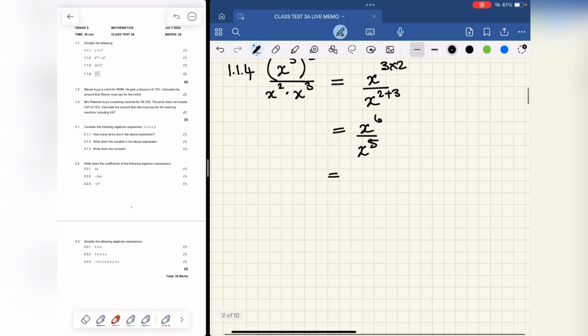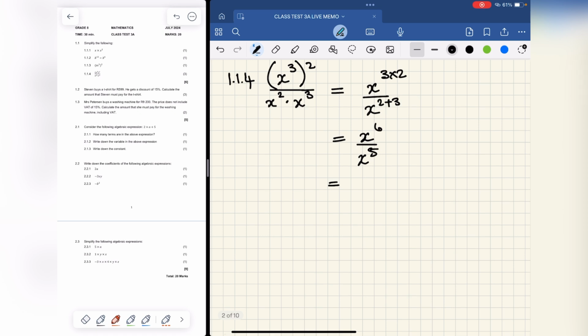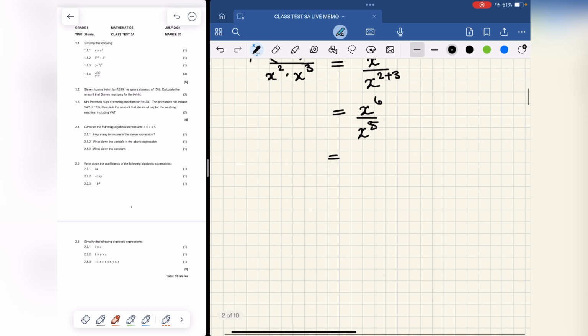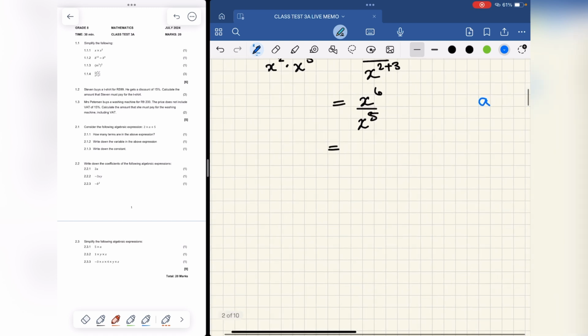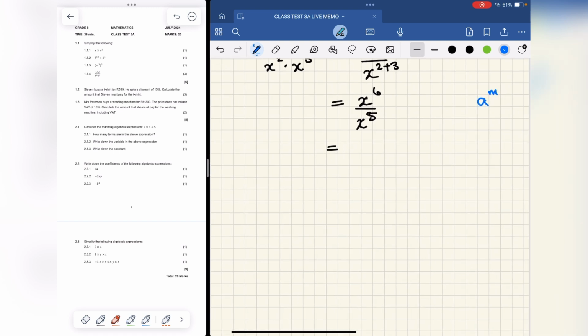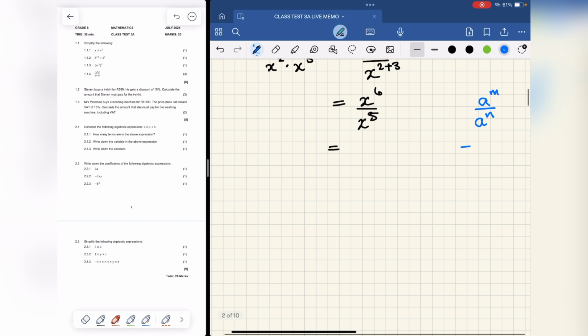So you have simplified the numerator and you have simplified the denominator, but you tend to forget to still apply the laws of exponents again, which says that if I have two powers with the same base that are being divided, so a to the power m over a to the power n, I can then keep my base and subtract my exponents.